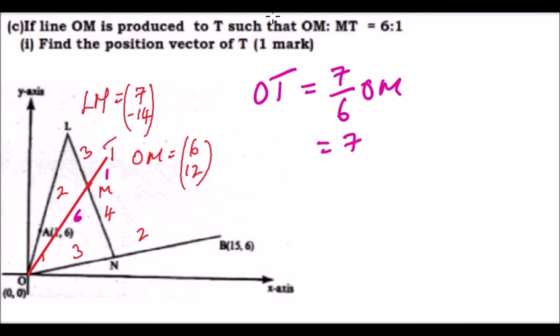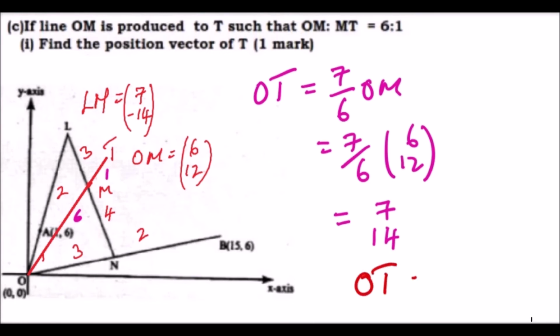Our OM is (6, 12), so multiplying by 7 over 6, 6 times 7 over 6 gives you 7, and 12 times 7 over 6 gives you 14. So the position vector OT is equal to (7, 14). So that's how you work out that, and you get yourself 1 mark.